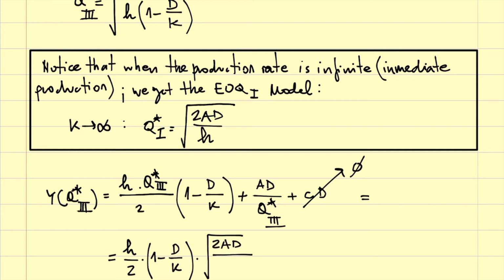I substitute the values above: H, 1 minus D divided by K plus AD times 1 divided by Q star 3, so 2AD divided by H times 1 minus D divided by K.